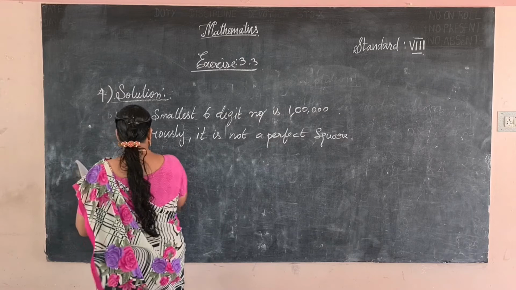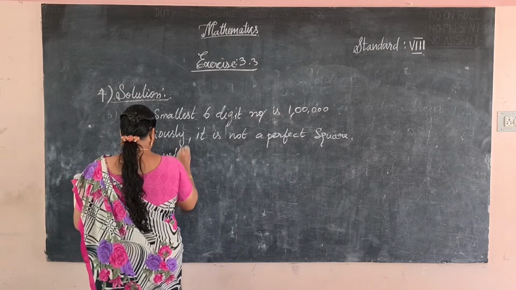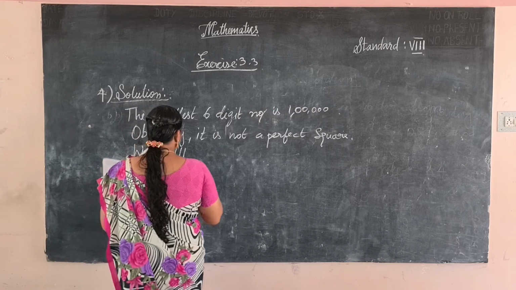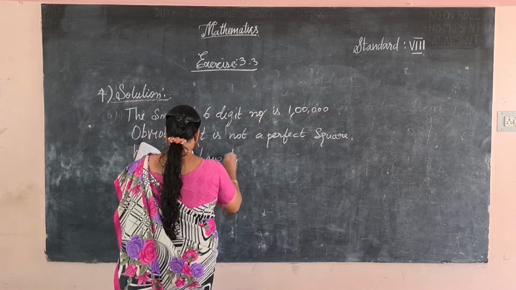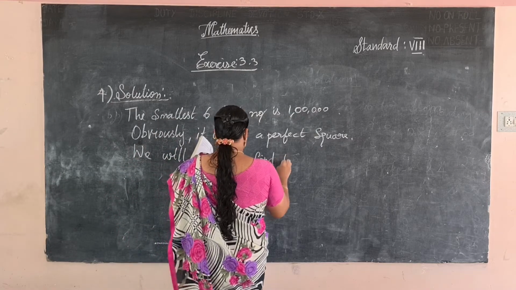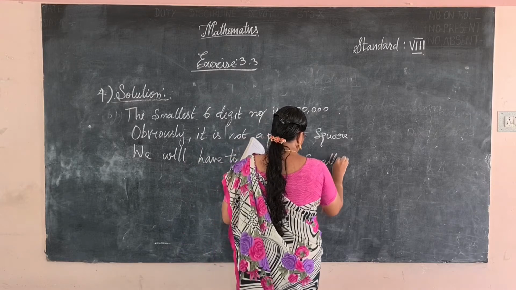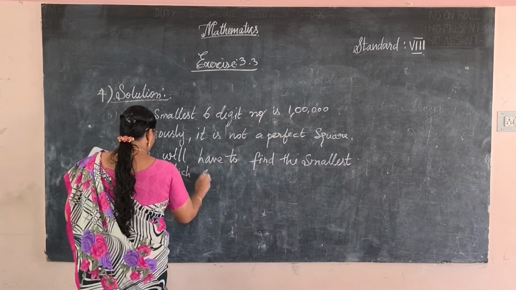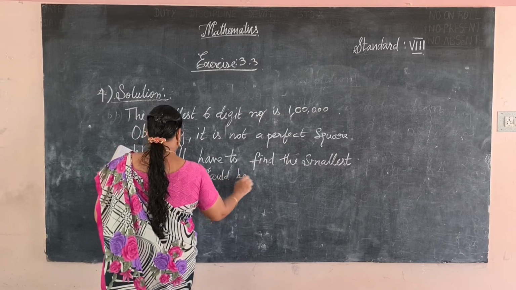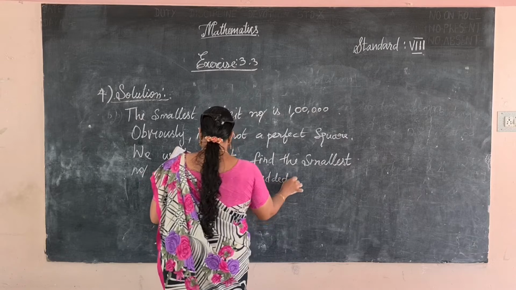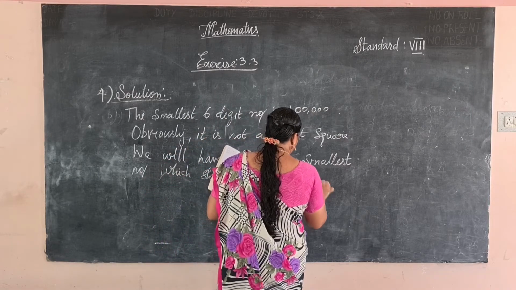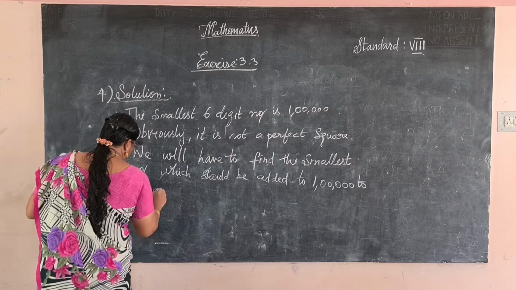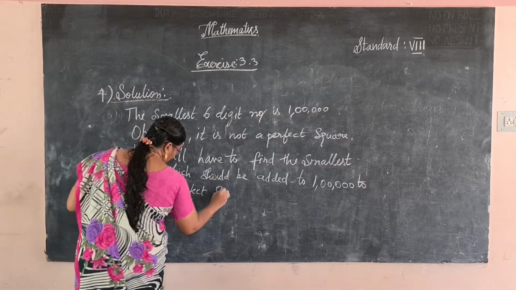So we will have to find the smallest number which should be added to 1 lakh to get a perfect square.